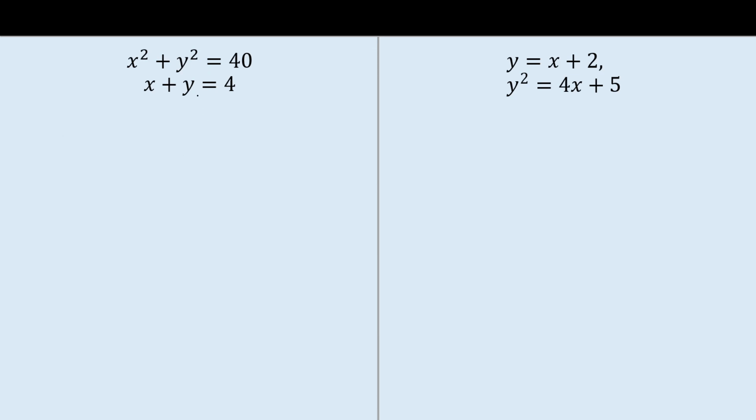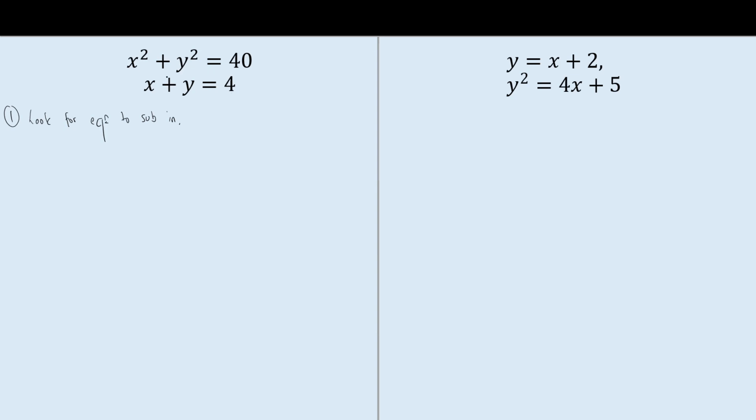Now, starting with the one on the left-hand side here, our first thing is to look for an equation to substitute. Okay, look for an equation to sub in. Now, in this case, we don't have an equation which just says y equals something or x equals something.